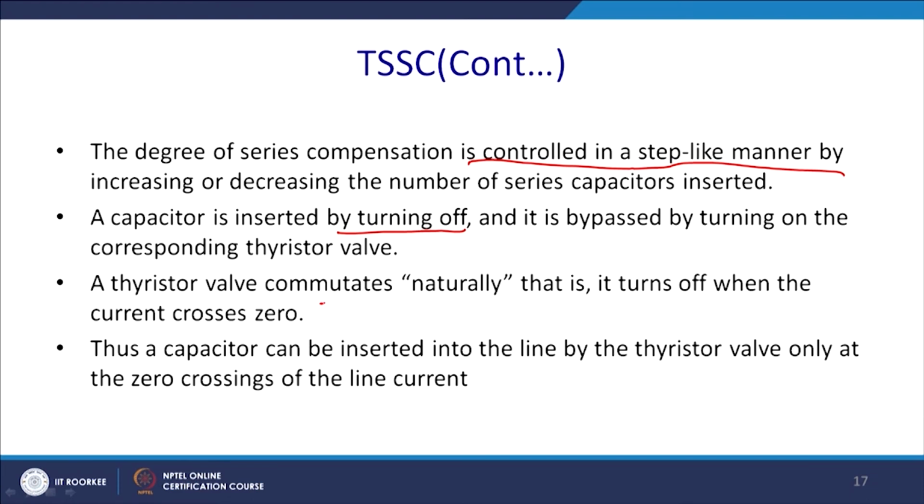The thyristor valve commutes naturally. It is a very simple circuit, turning off when the current becomes 0 across those devices. Thus, a capacitor can be inserted into the line by the thyristor valve only at a 0 crossing of the line current. This is the principle of operation.